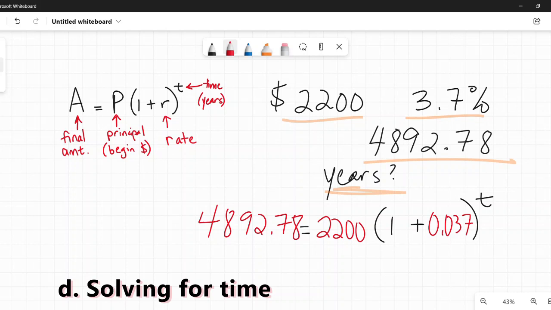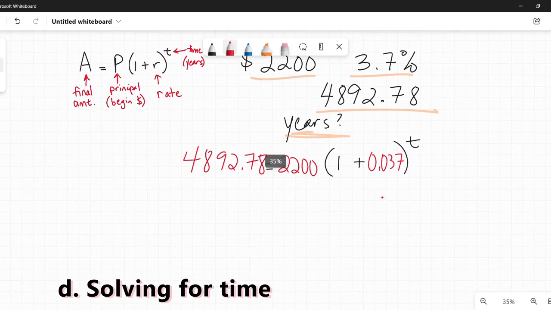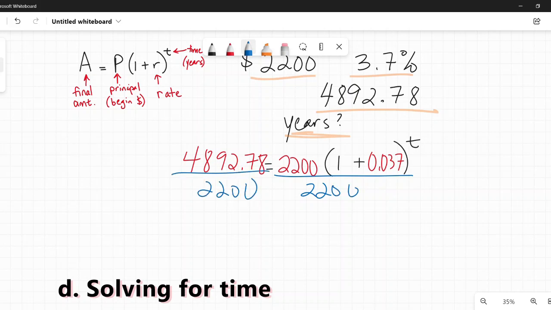Okay, well, what should we do first? Looking at it algebraically, I'm going to say, let's get rid of this 2,200. Let's divide both sides by 2,200. So 4,892.78 divided by 2,200 gives me 2.22399, and you can safely round that to 2.224.